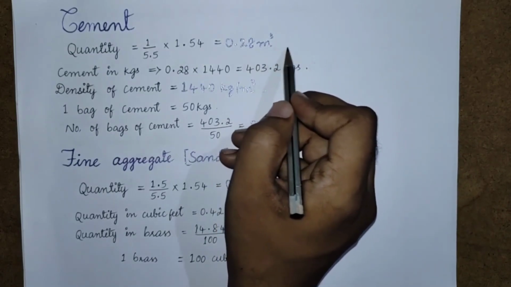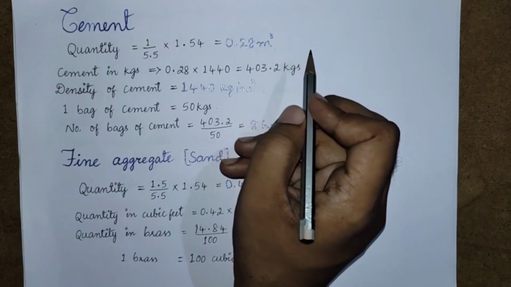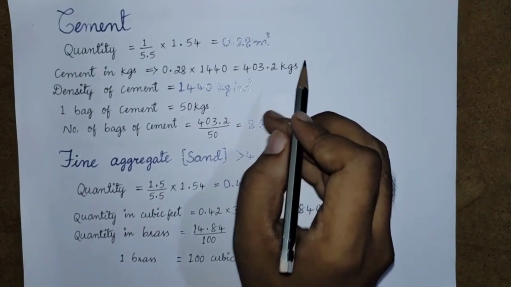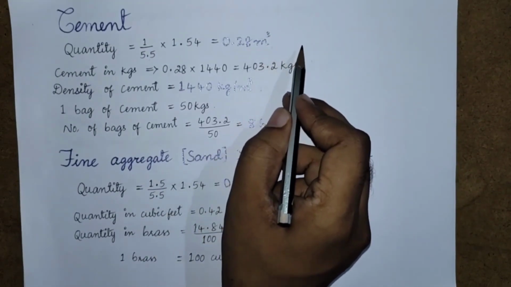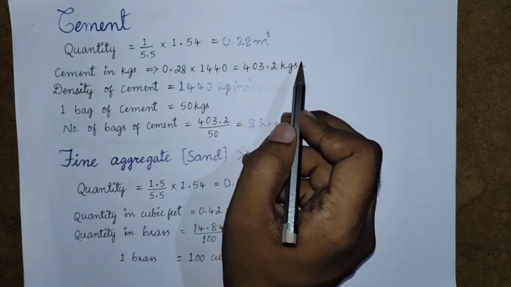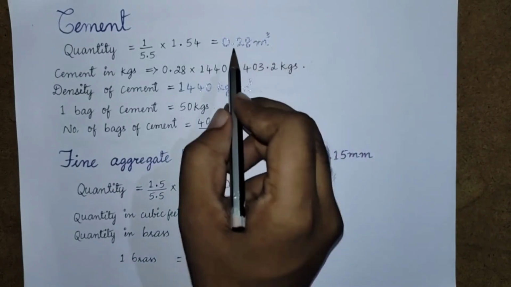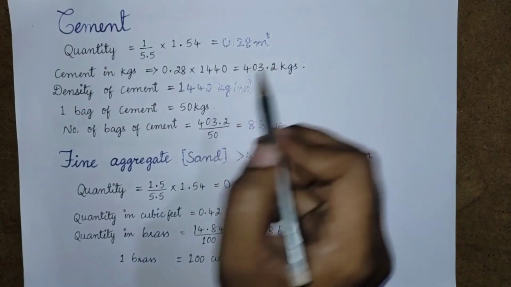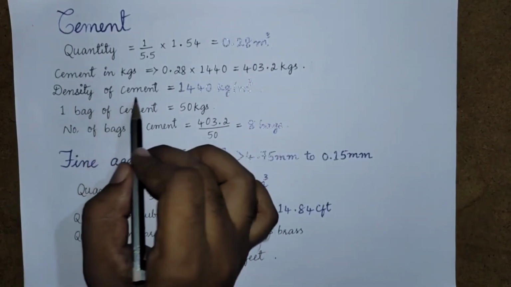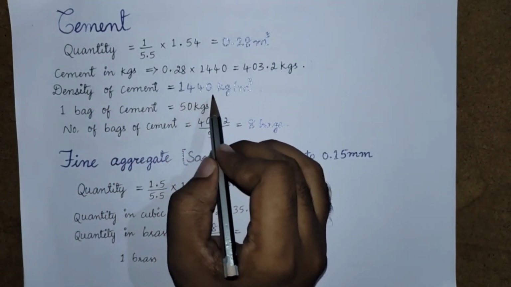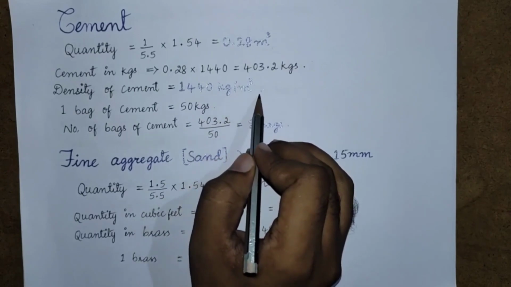Now this quantity will be converted into kgs because cement is available in the market in kgs. For the conversion of cement into kgs, we have to multiply this quantity with the density of cement. The density of cement is 1440 kg per meter cube.